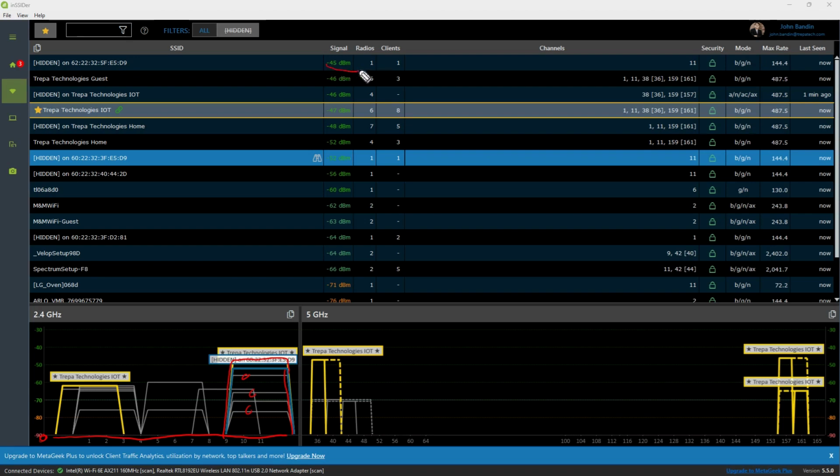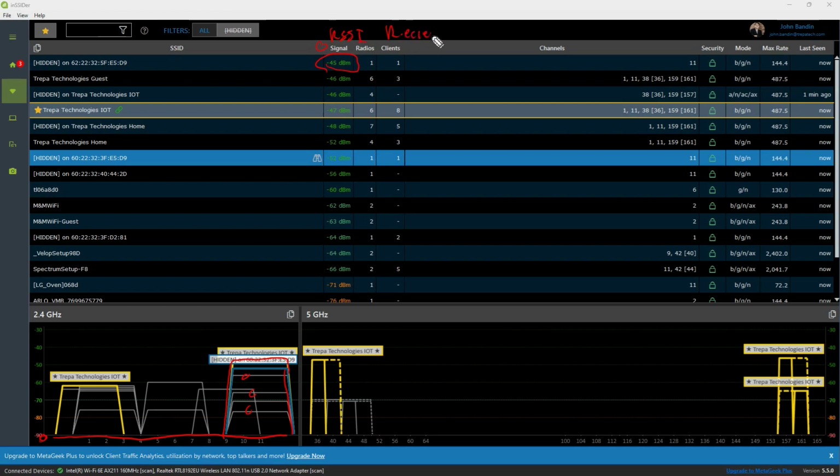And you see right here, this signal strength here. So essentially, we can actually see as well what our signal strength is. And the closer to 0 we get, the stronger our signal strength is. So this right here is going to be our RSSI. That's our receive signal strength indicator.